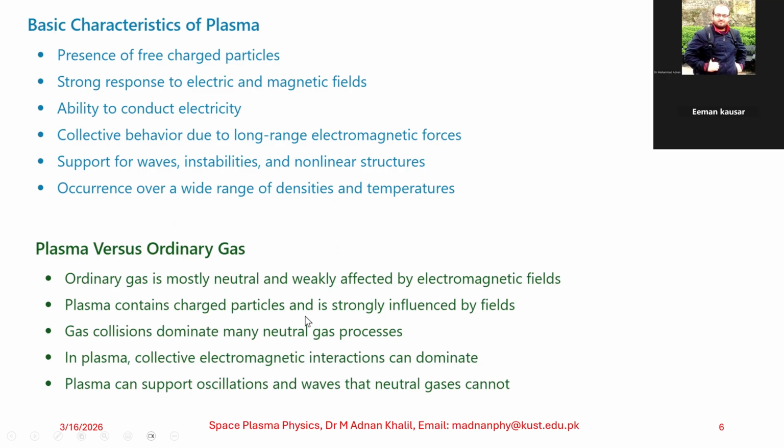Plasma contains charged particles, so it will obviously be influenced by electric and magnetic fields. In a neutral gas, collisions dominate, which is already understood. In plasma, collective electromagnetic interaction can dominate, and plasma can support oscillations and waves that a neutral gas cannot. These are the fundamental features one needs to know to differentiate between a plasma state and an ordinary gas.